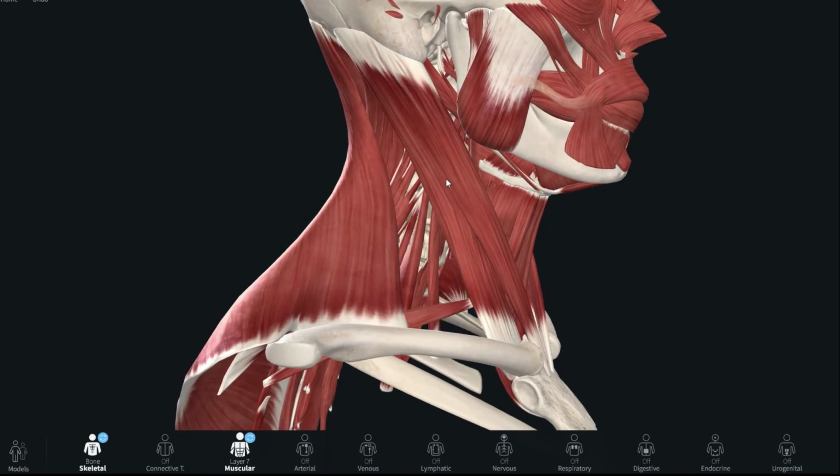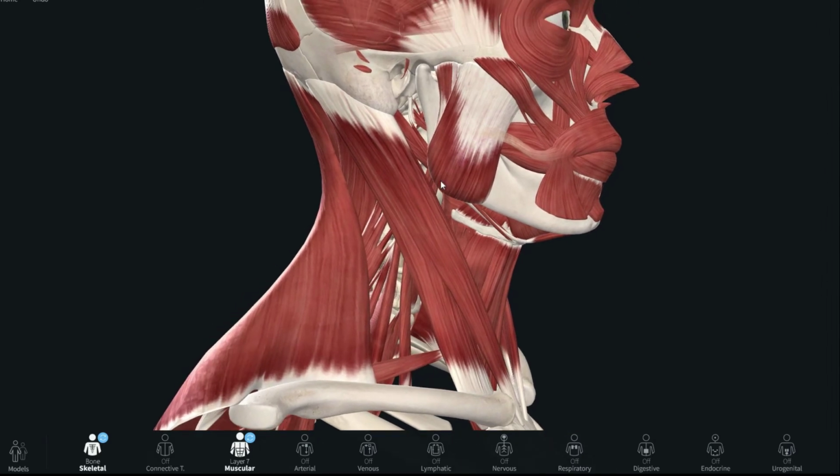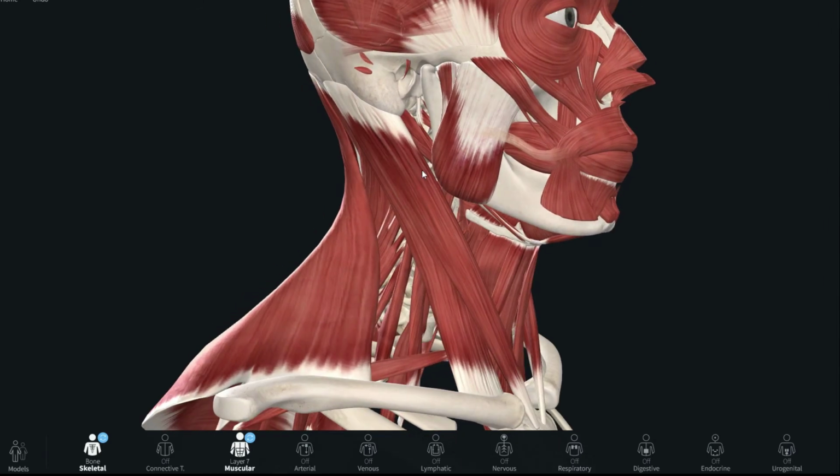So what were they? Lord Galleon: L-O, Lord, lesser occipital. Galleon, G-A, great auricular. Tech, T-C, transverse cervical.